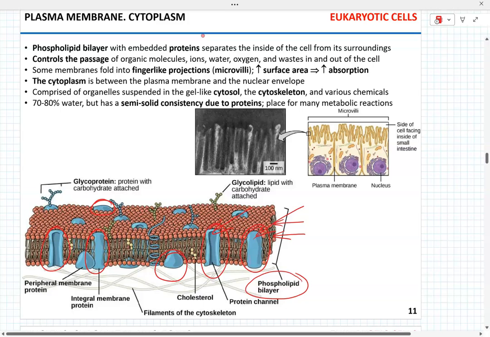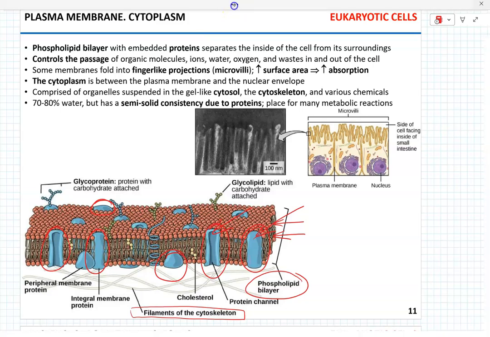These proteins are often connected to the filaments of the cytoskeleton, enabling cells to receive signals from the outside. The main function of that phospholipid bilayer is to control the passage of chemicals such as molecules, ions, water, oxygen, and wastes into the cell and out of the cell.